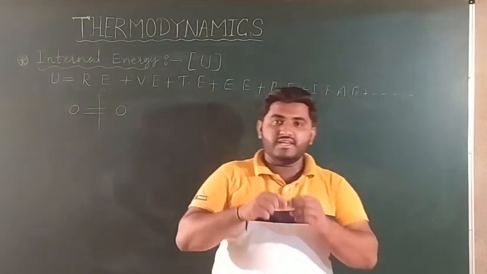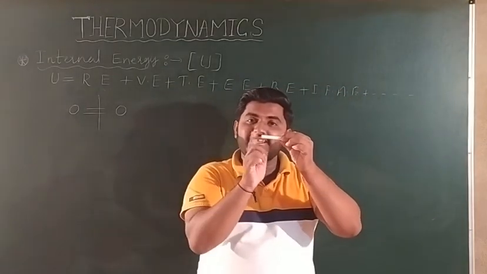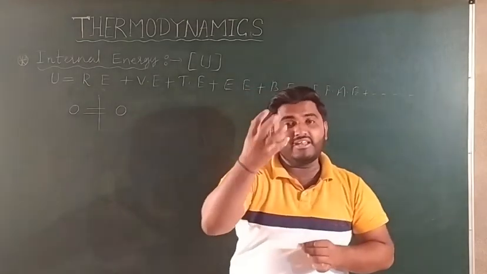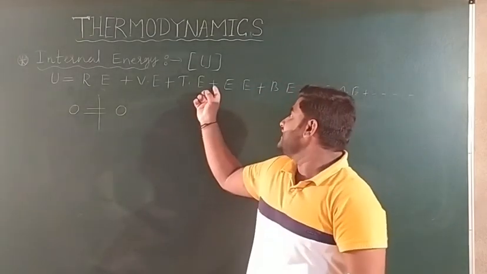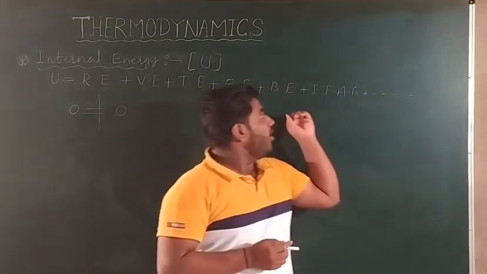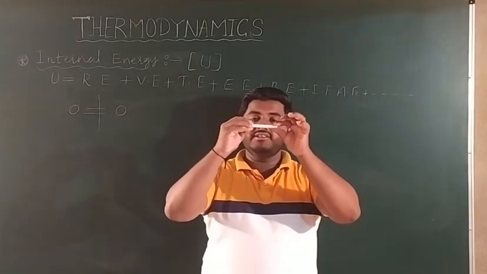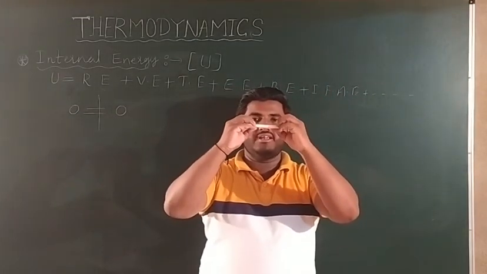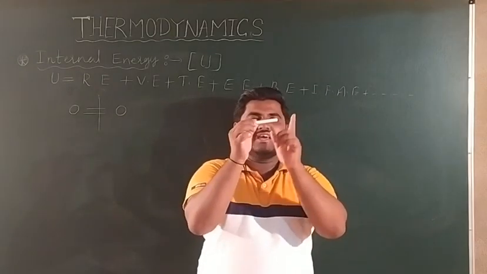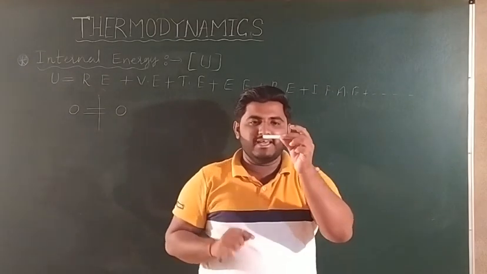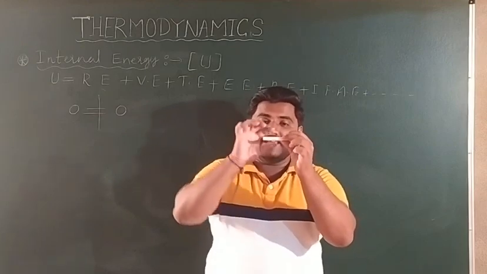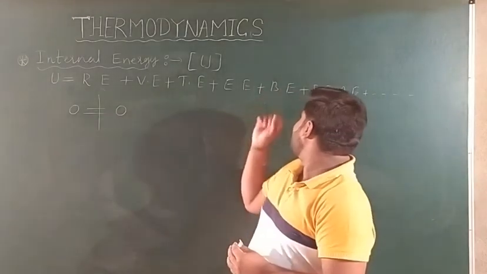Again, electronic energy. Due to the number of electrons present in this molecule, whatever energy you are getting is called electronic energy. Bond energy: let us take this, and one oxygen is there, and this and one oxygen is there, two bonds are there. Whatever energy is inside this bond is called bond energy.